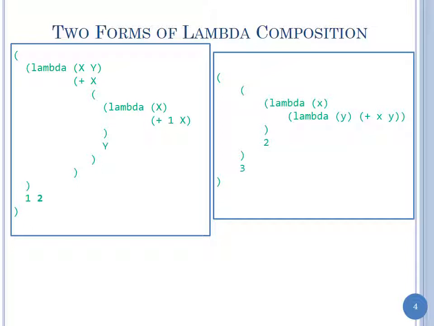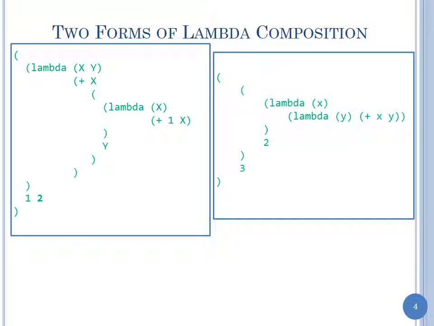So it returns a lambda. So the outer lambda defines an inner lambda in both cases. In one case, the defined inner lambda is also used, also applied. In this case it says I'm going to just return the lambda and let somebody else use it.